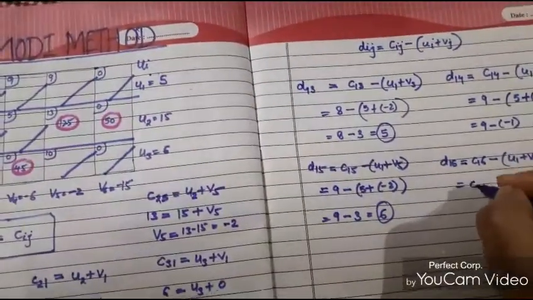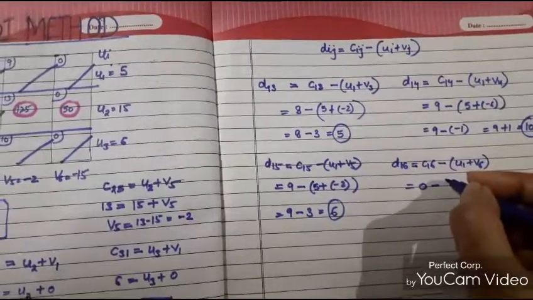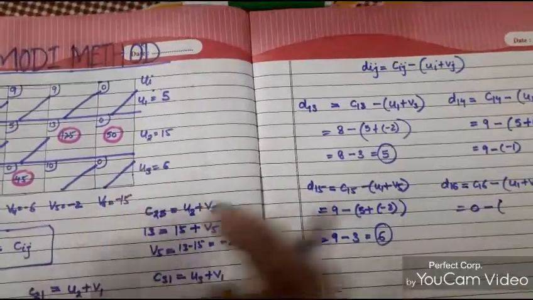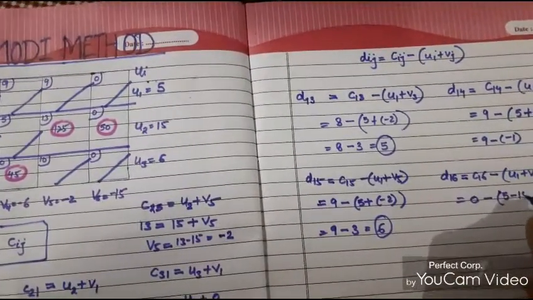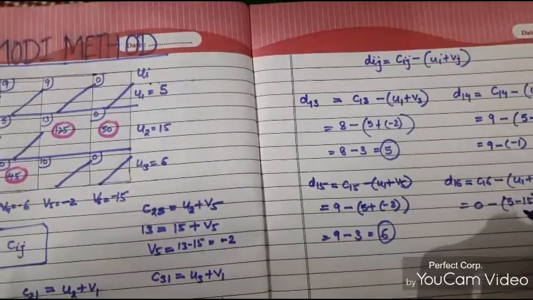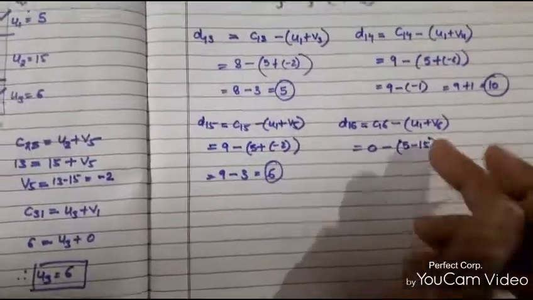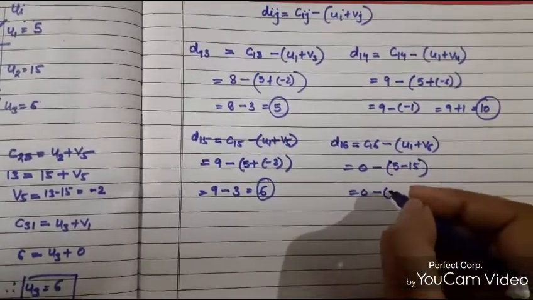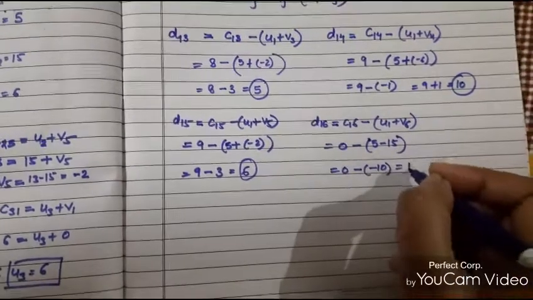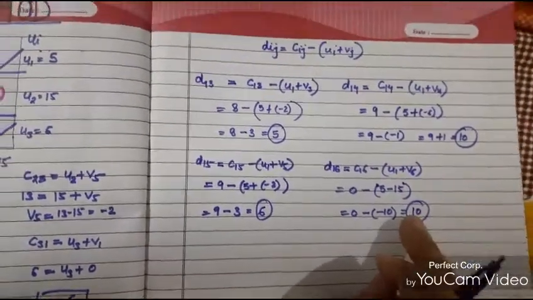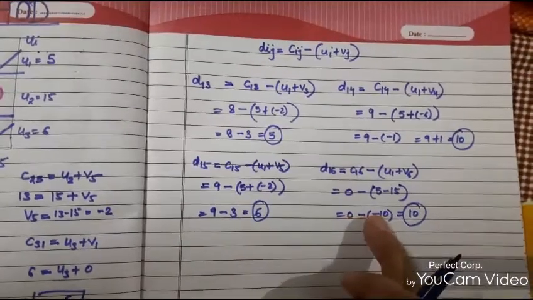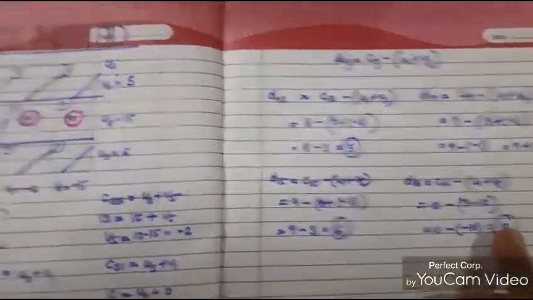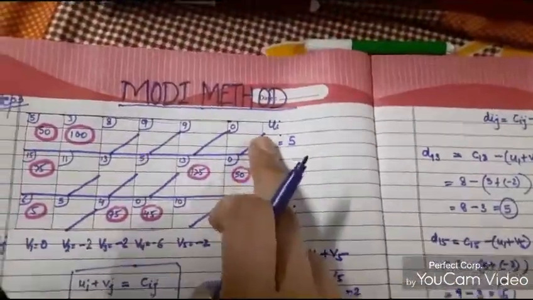You can see here this cost is 0 minus U1 is 5 and V6 is minus 15. 5 minus 15, right? 5 minus 15. So this is 0 minus, minus 10, or plus 10. So the value is plus 10, as minus outside and minus inside becomes plus, positive. So D16 is 10. We get the Dij's for all these cells.